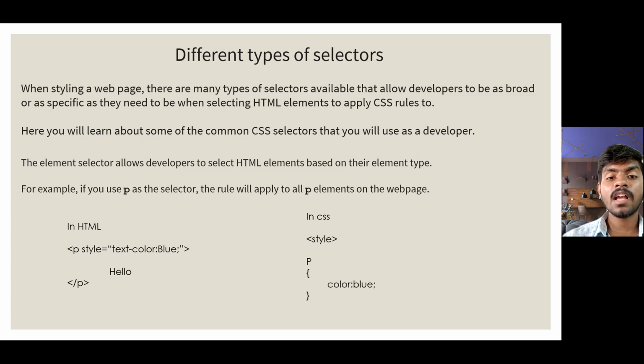In internal CSS, we open the style tag in the head, between the opening and closing tags of head. We open the style tag and we use the selector as follows: p, curly braces open, color: blue; and close. Here, p is the element selector, color is the property, and blue is the value.